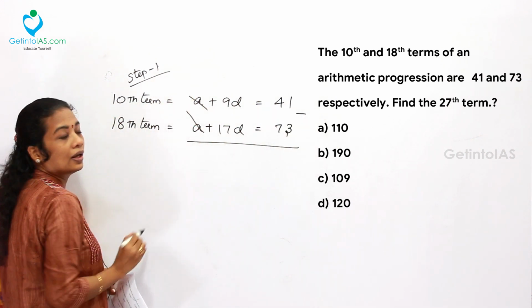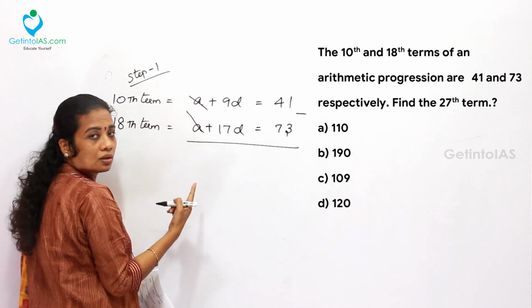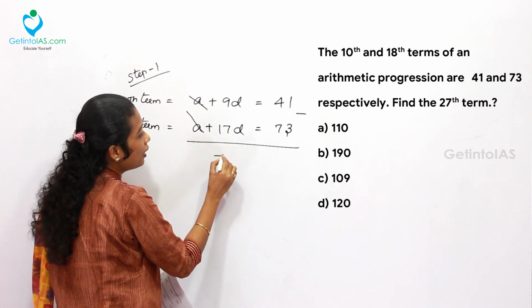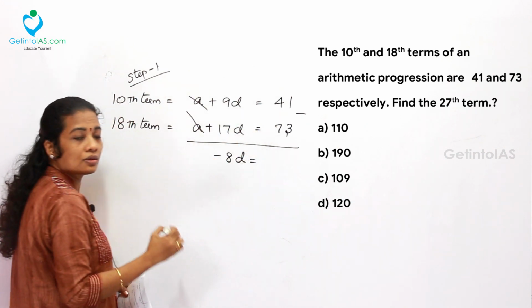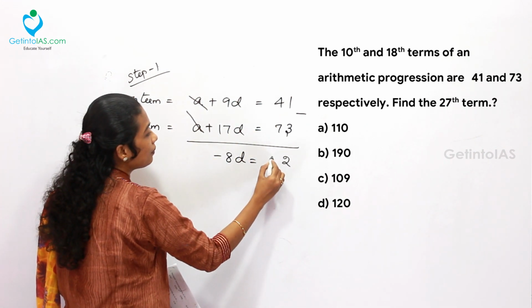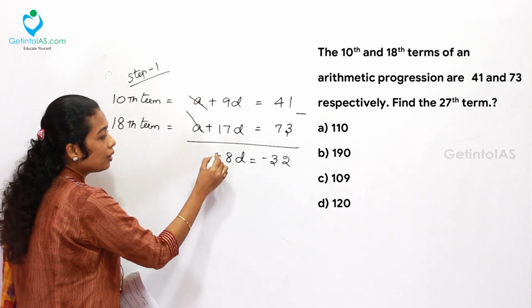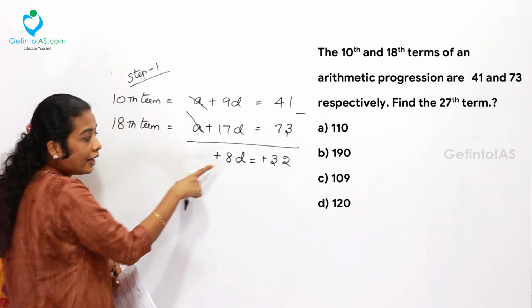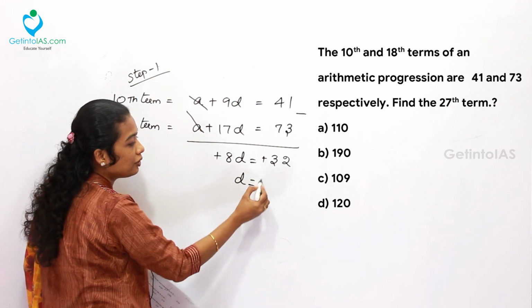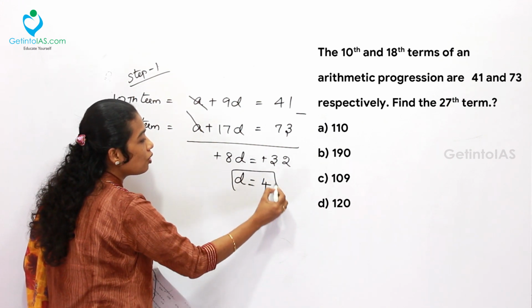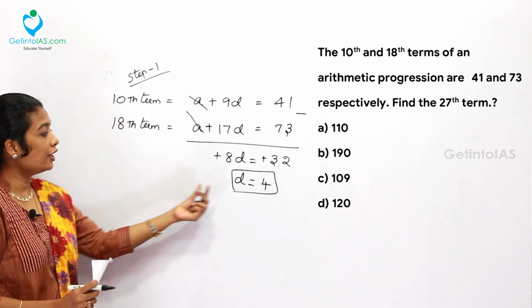A and A get cancelled. So 9 minus 17D gives minus 8D. Here 41 minus 73 gives minus 32. Here minus and minus got cancelled. 8D is 32. What is D? Simply here 1 time, here 4 times. D is 4. I have got D's value.